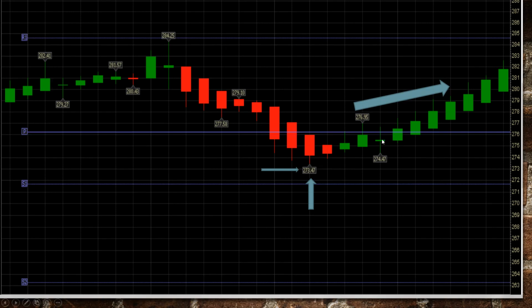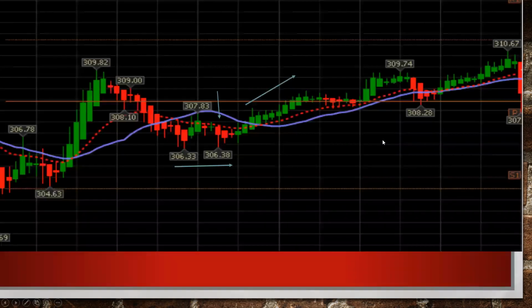Let's look at another example. In this example, we've got double bottoms here. If you look right here, mother candle, baby candle.